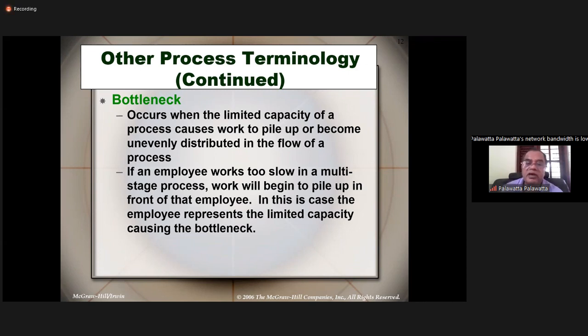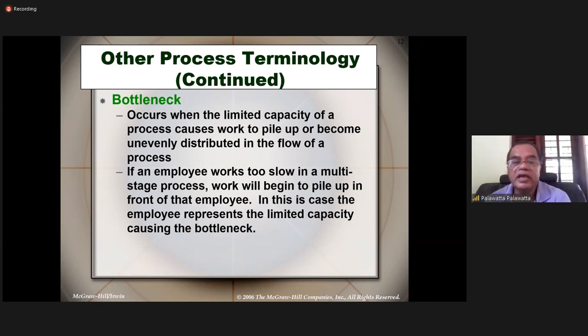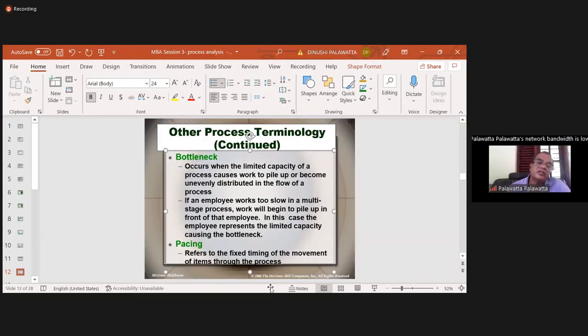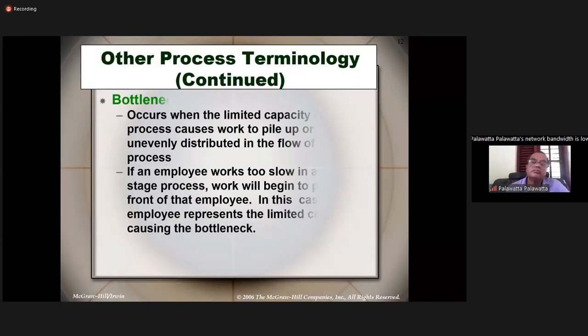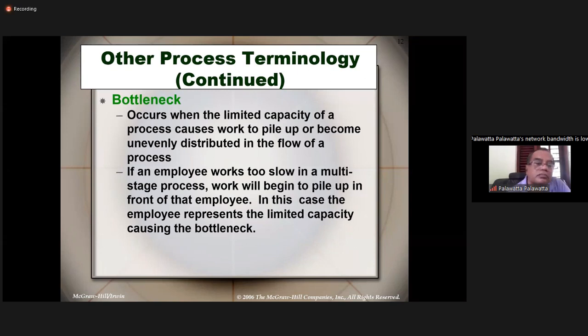In this case, the employee represents the limited capacity causing the bottleneck.